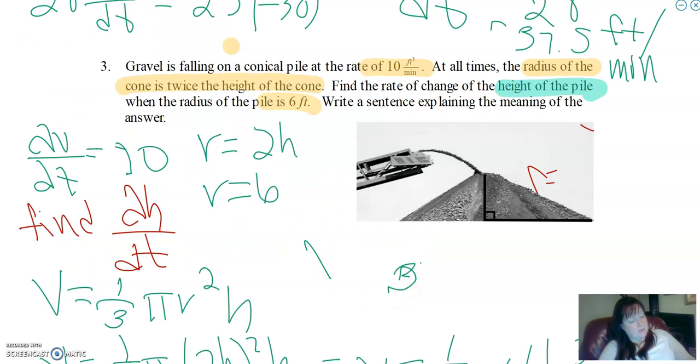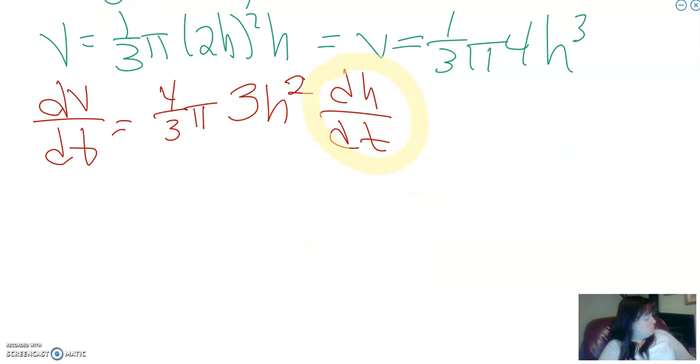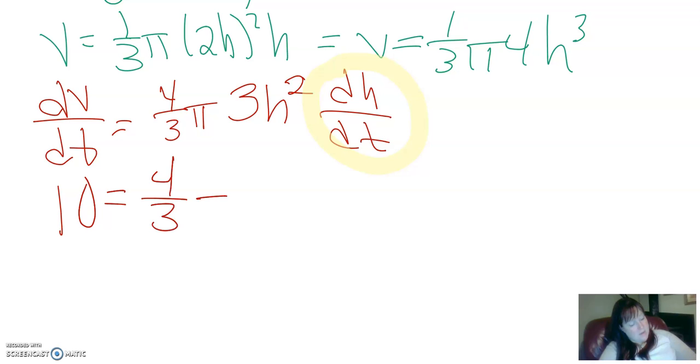If we come back up here, dV/dt is 10 cubic feet per minute. So dV/dt is 10. Then we have 4/3 pi times 3, and then h squared. What is h squared? We don't know h squared right away, do we? So we have to do a little bit of algebra.